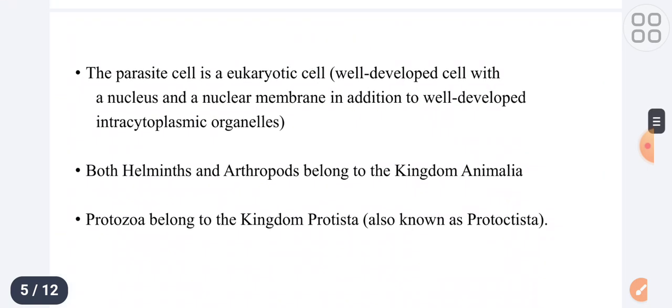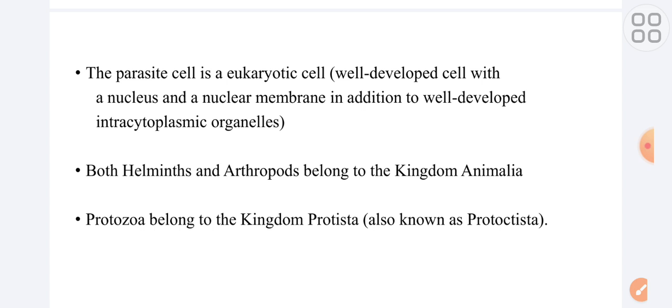If we talk about the parasitic cell, it is a eukaryotic cell, in contradistinction to the bacterial cell, which is a prokaryotic cell. The eukaryotic cell is a well-developed cell with a true nucleus, which has a nuclear membrane, in addition to well-developed intracytoplasmic organelles like Golgi apparatus, mitochondria, and so on.